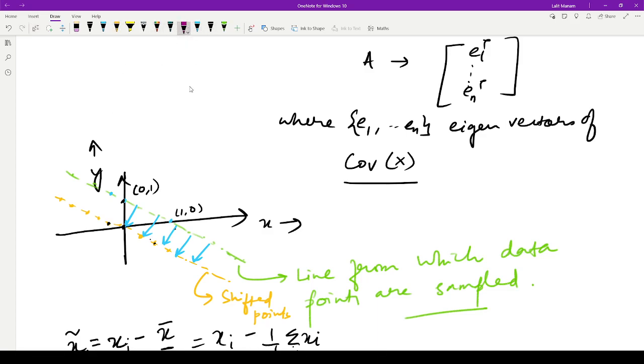Anyone? So the eigenvector will lie like this, right? This or exactly the opposite direction, 180 degrees opposite to this. Any one of them is right.